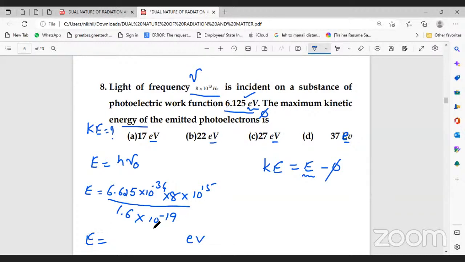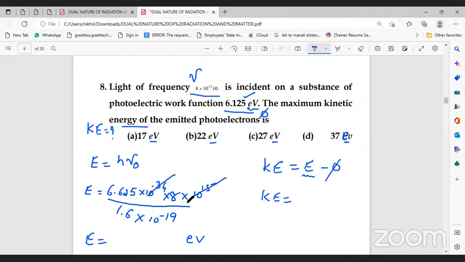After substituting this energy over here, you can find the kinetic energy. So go with a rough calculation. What is minus 34 plus 15? Minus 19.